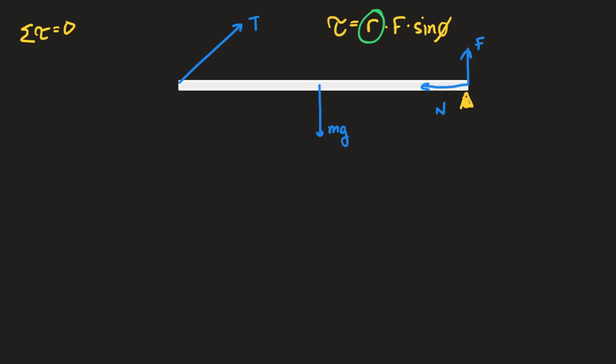Because if we look back, if I place the pivot point, say, here, which I could do, and it would work, I would be able to get answers. By placing it here, I create the condition where I will have a torque equation that has 3 other torques, all of which are unknowns.